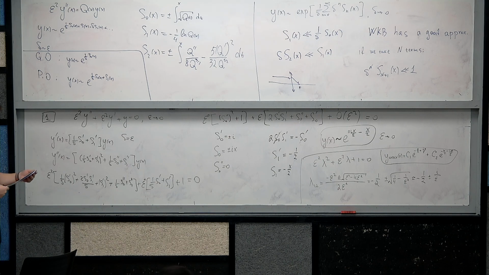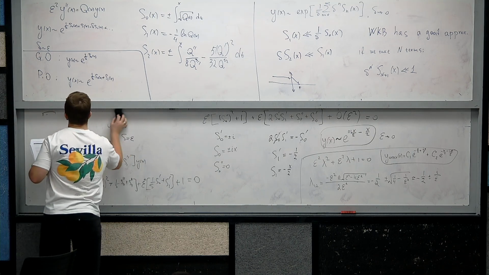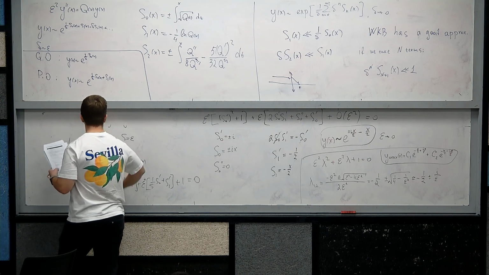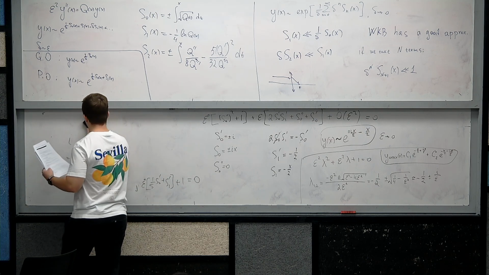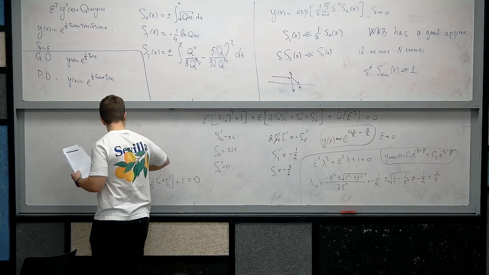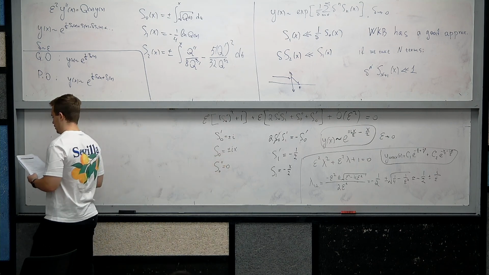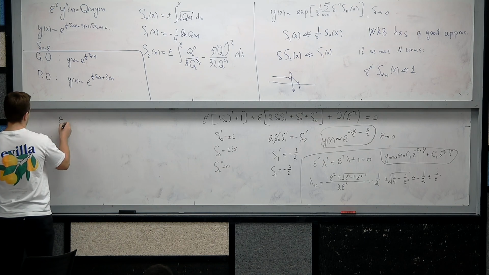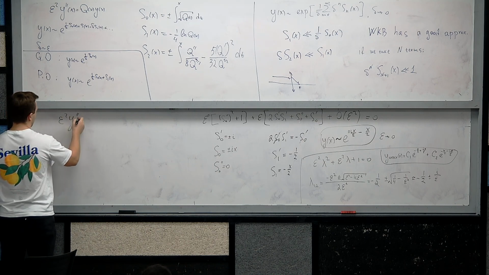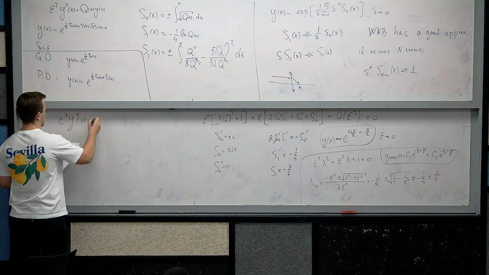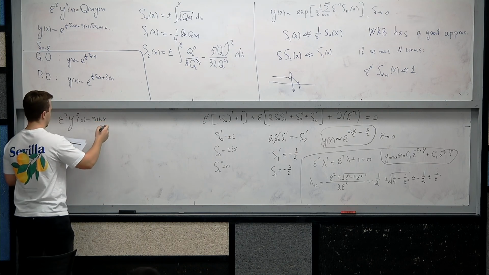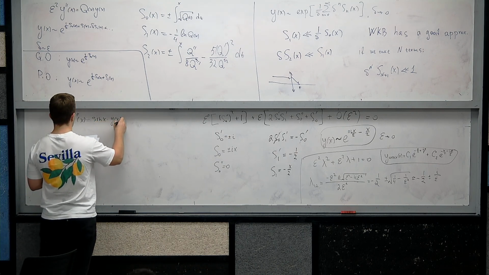Now let's consider 2 other equations. Epsilon squared y double prime of x equals sine of x times y of x.